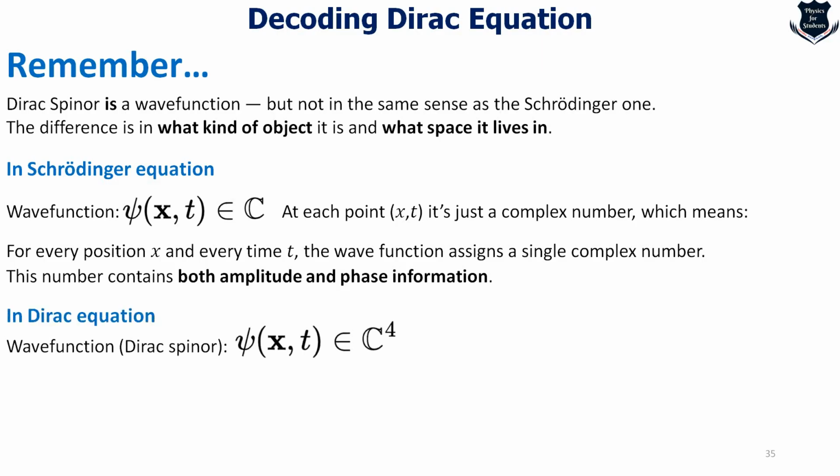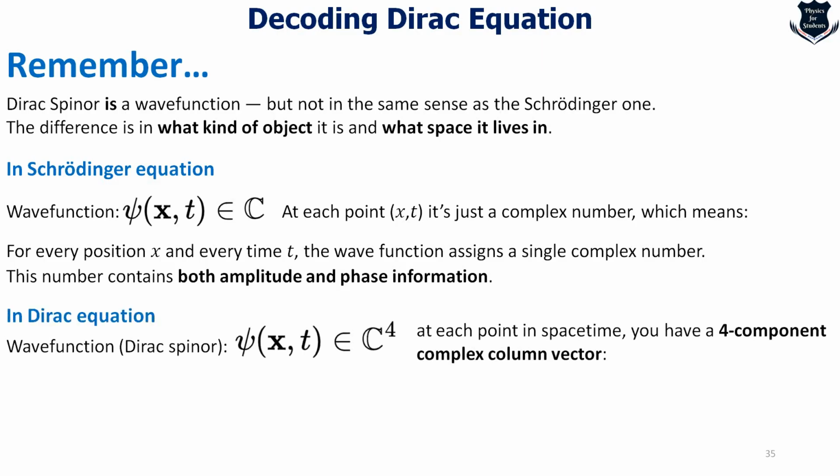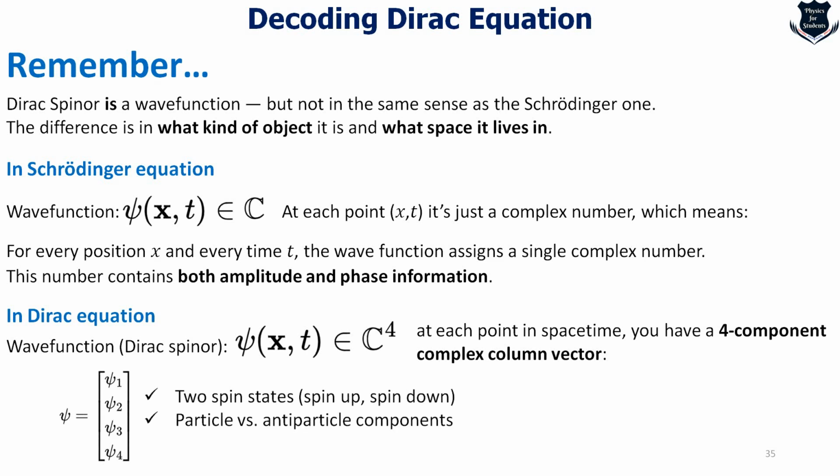But here in the Dirac equation, it is not the same. At each point in space-time, you have a 4-component complex column vector, which is basically the spinor. So the difference is that in the Schrodinger equation, you get a complex number for every position x and every time t, and it assigns a single complex value.